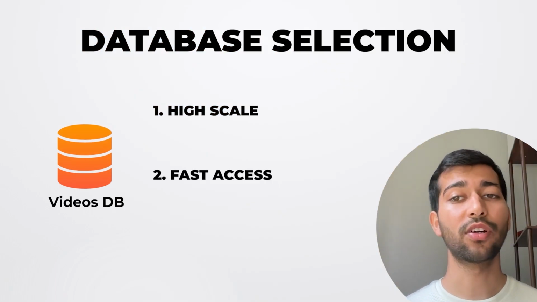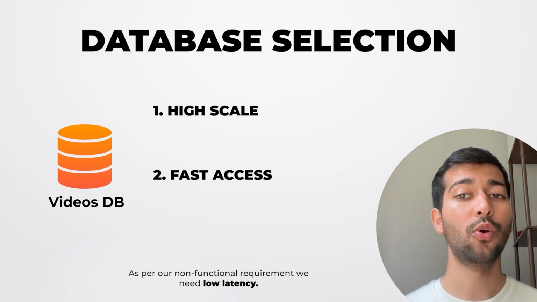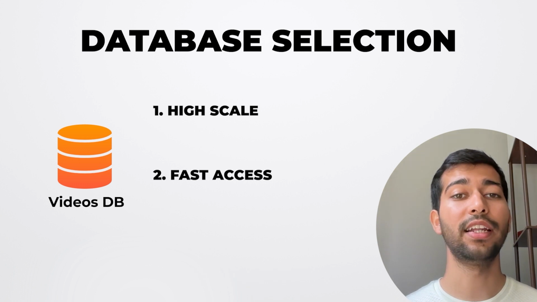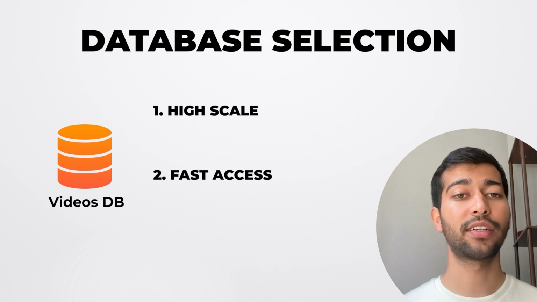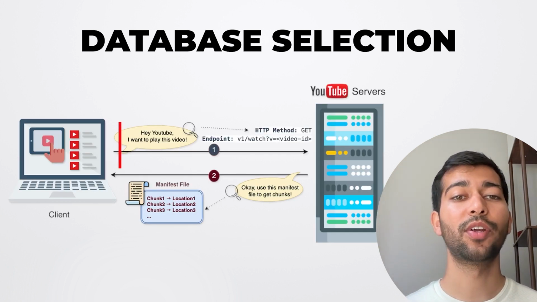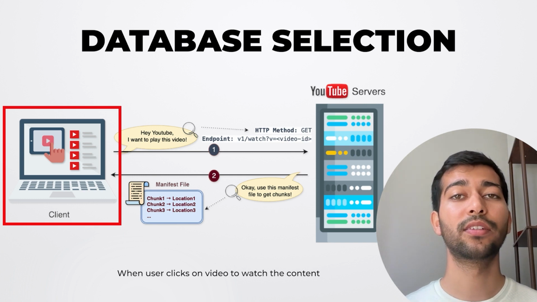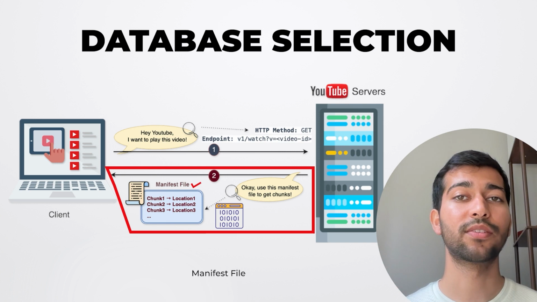As per our non-functional requirements, we need low latency. And to support low latency on such a high scale, NoSQL will be suited. The third deciding factor would be the simple query pattern. When the user clicks on a video to watch the content, the server returns back the video metadata along with the manifest file.